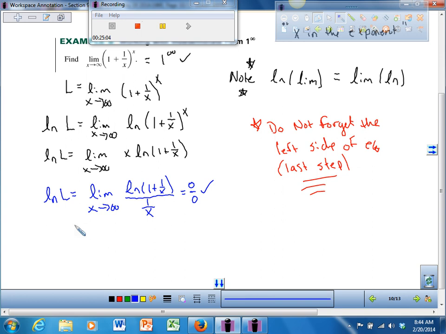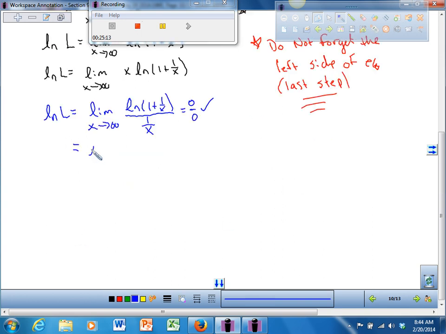Okay, help me with my derivative, please. We still have the limit as x approaches infinity of 1 over, good, Sam, 1 over 1 plus 1 over x times negative 1 over x squared.